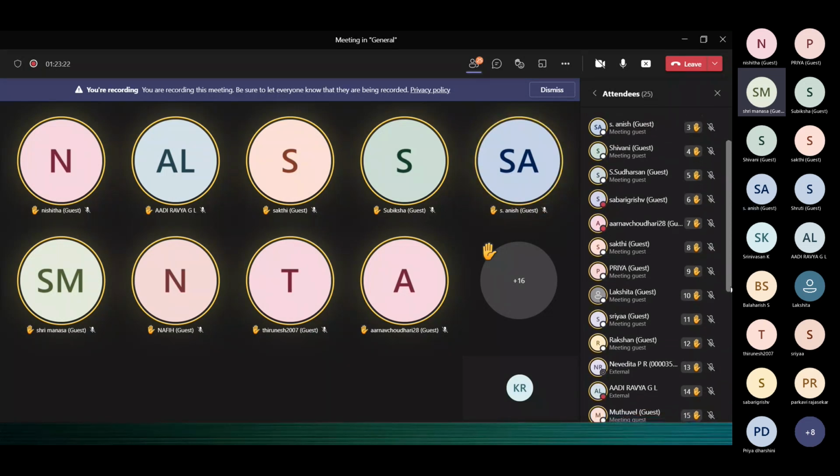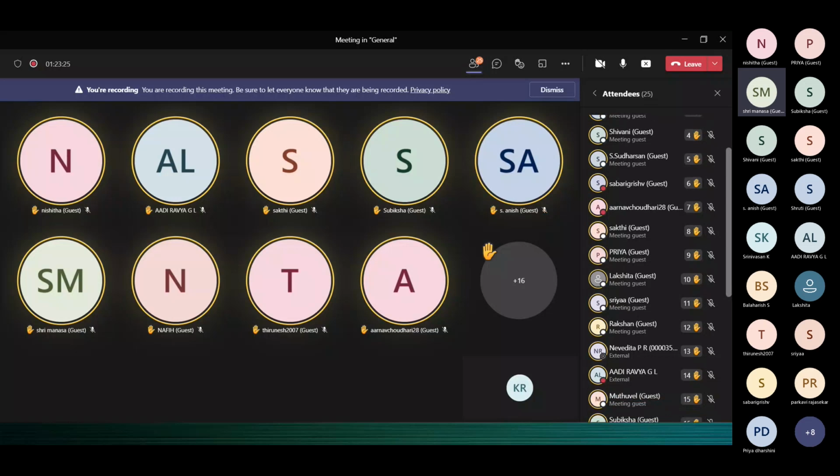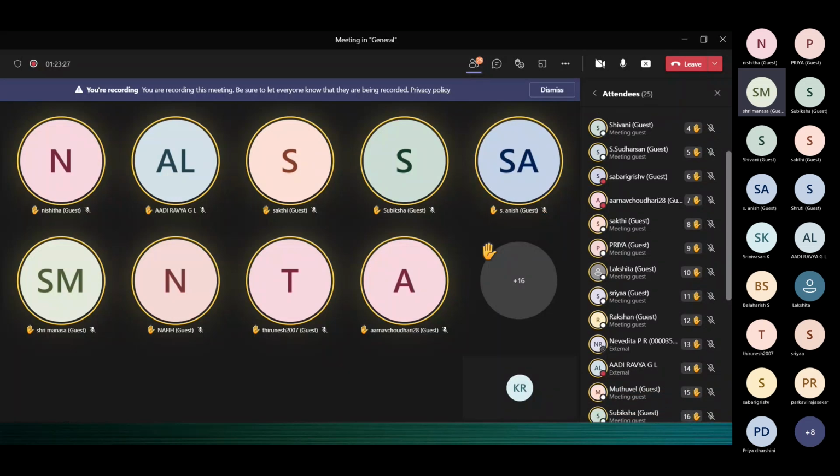Shivani, Sudarshan. Sudarshan, you had some issue in joining the class on time yesterday, right? Yes, ma'am. I got stuck in another meeting which contained 10 members and you, ma'am. But no one spoke. For an hour I waited in the meeting itself.